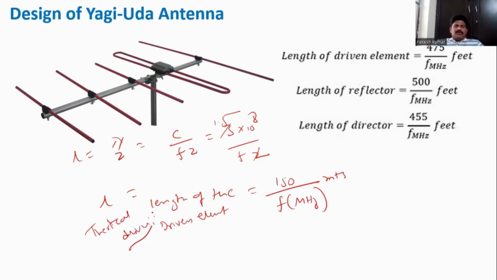But coming to the practical, due to the electrical characteristics of the antenna, it is found that an antenna element will be 5% to 7% shorter in practice than that obtained using the exact formula.